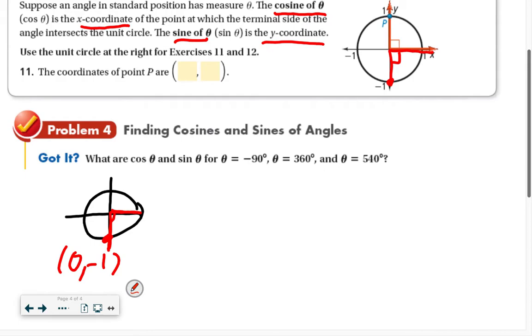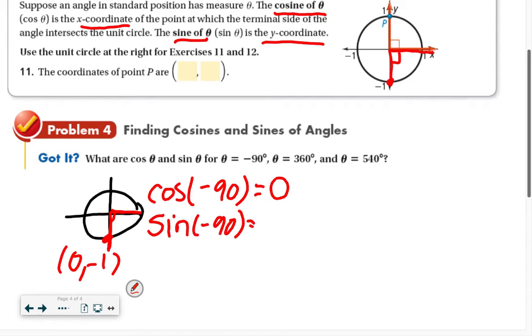So to find my cosine of my angle negative 90, I take my x-coordinate. What's the x-coordinate of negative 90? 0. To find the sine of my angle negative 90, I take the y-coordinate. What's the y-coordinate? Negative 1.